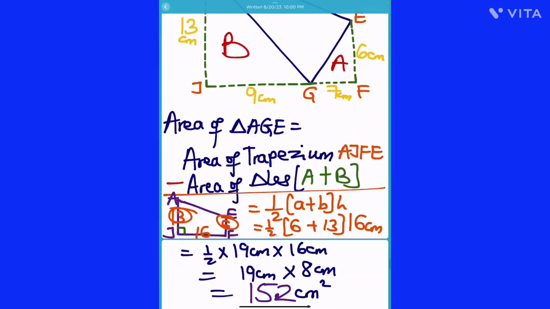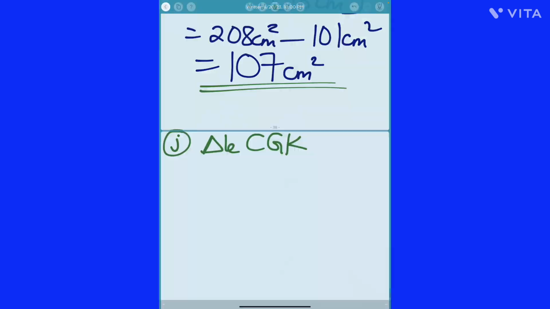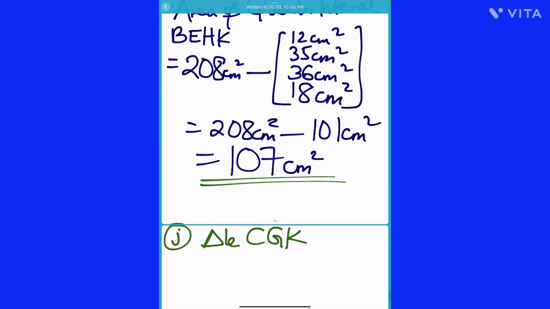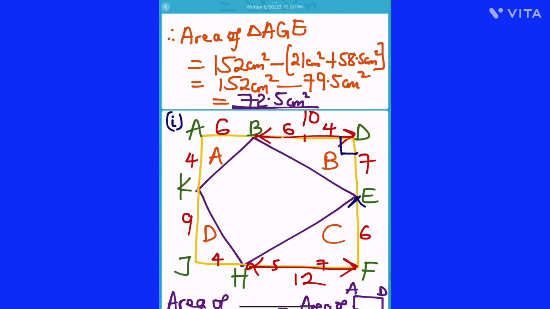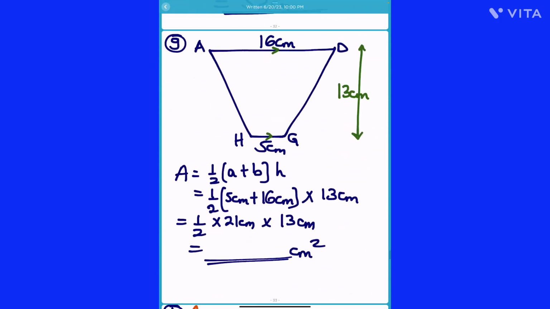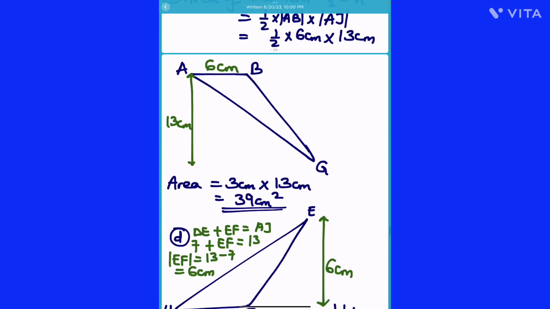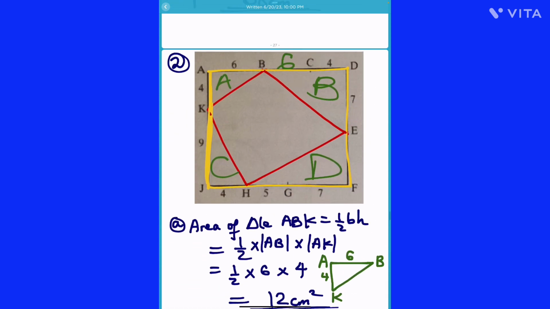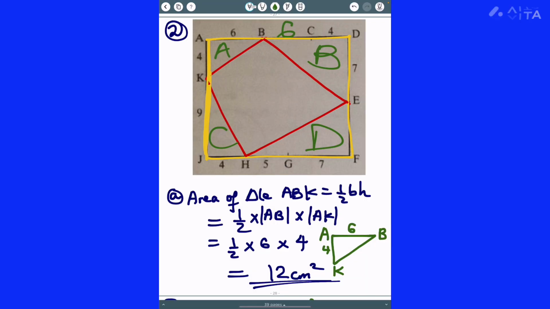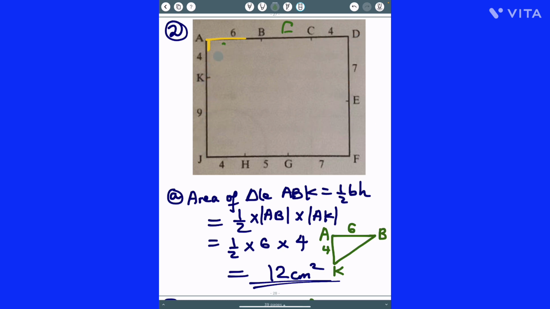So, for the area of triangle CGK, the first thing is to trace the triangle on the diagram. Let's trace the triangle together on the diagram. Let me clean everything I've drawn on the diagram here, and let's trace triangle CGK. Where is triangle CGK here?